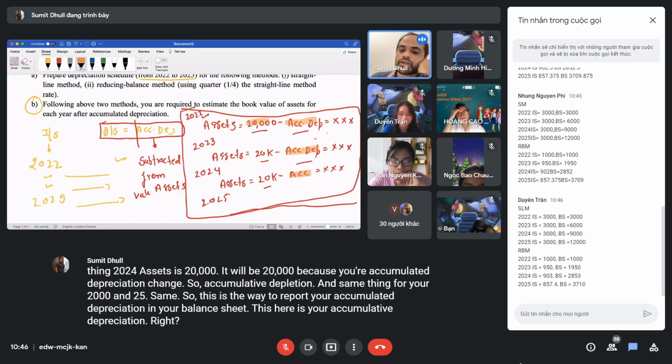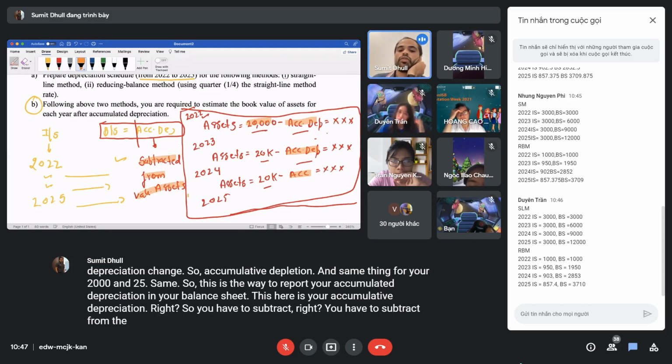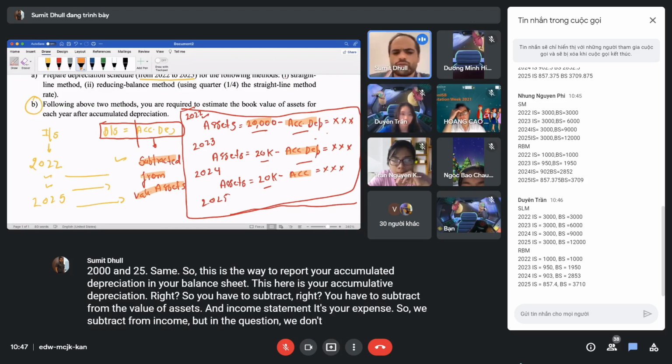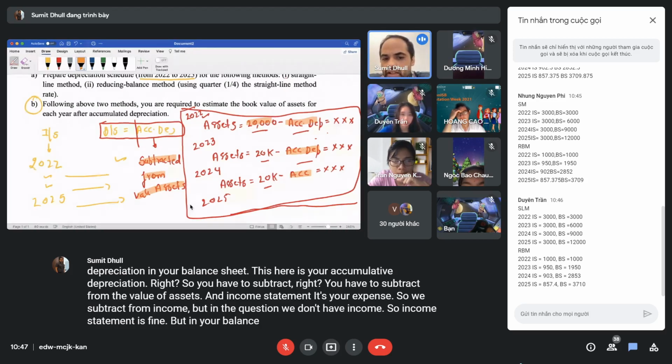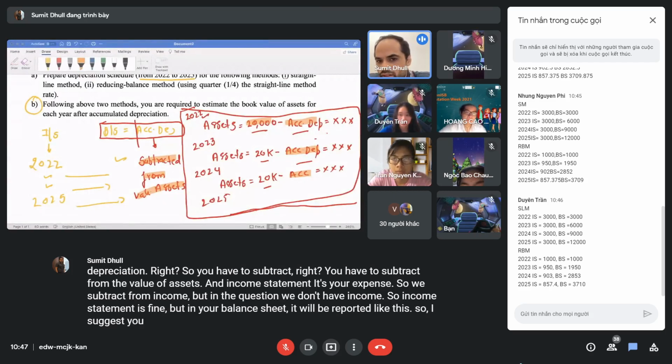So you have to subtract it from the value of assets. In the income statement, it's your expense, so we subtract from income. But in the question we don't have income, so the income statement is fine. But in your balance sheet, it should be reported like this.